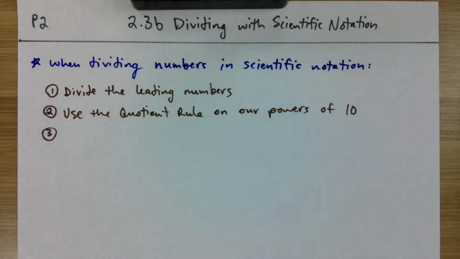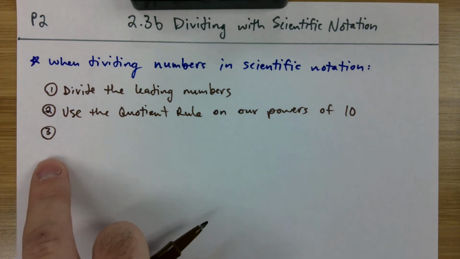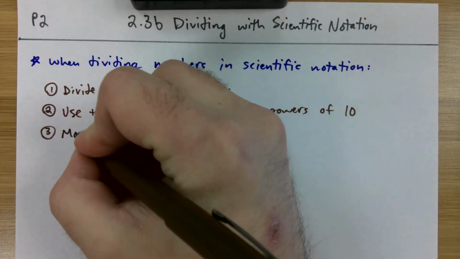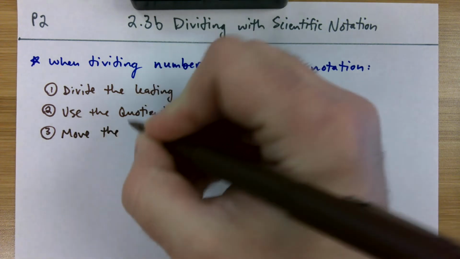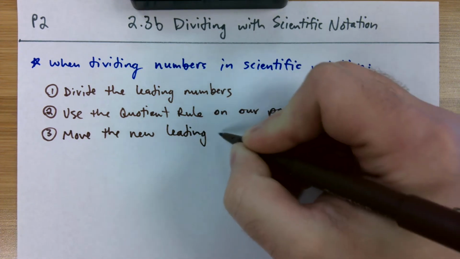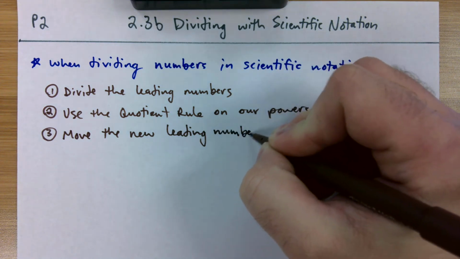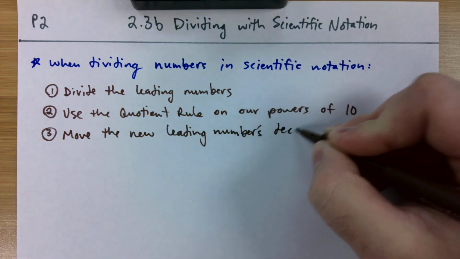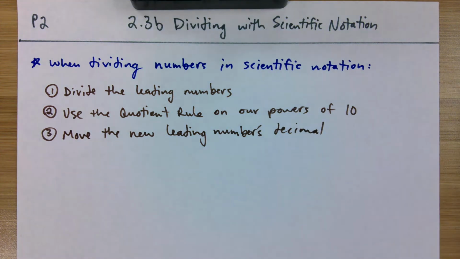And in some of our problems that we see today, that's going to be it. That's all we're going to need to do. But with some, we're going to need step 3, which is to move the new leading number's decimal until there's only one number to the left.